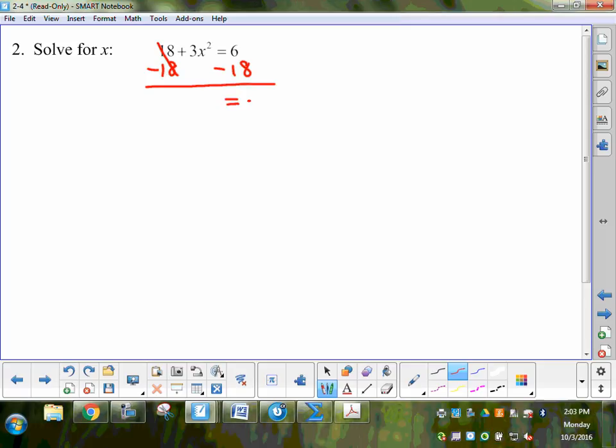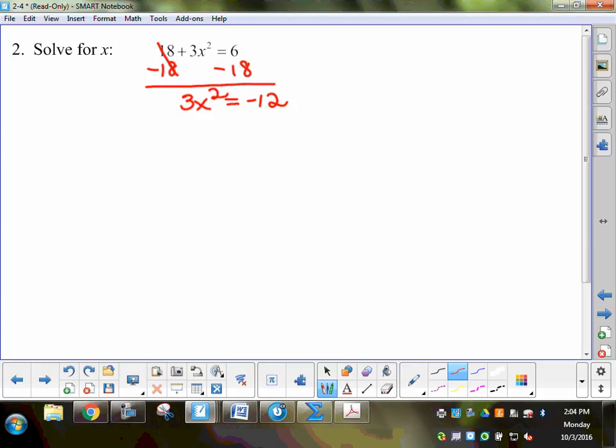We've got negative 12 over here, and what's on the other side? What would we do next from here, Jordan? You would divide 3 by both sides. And you're left with, when simplified, negative 4 over 3. No, it's just negative 4.